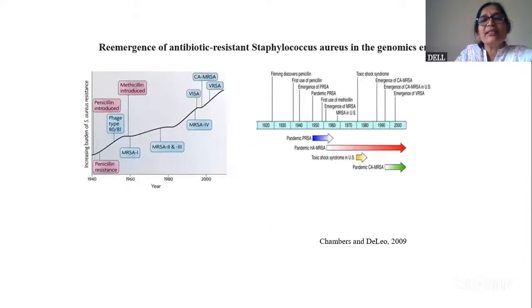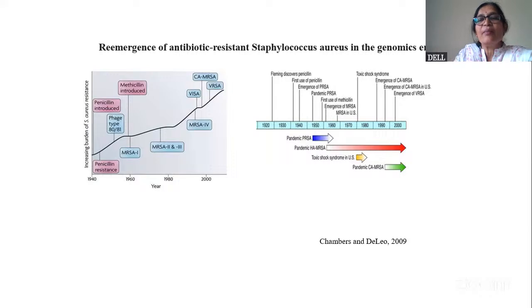Here we can see the reemergence of antibiotic resistance in Staphylococcus aureus in the genomic era. The left side tells us the various resistance that existed and that led to the vancomycin resistant Staphylococcus aureus till 2000.